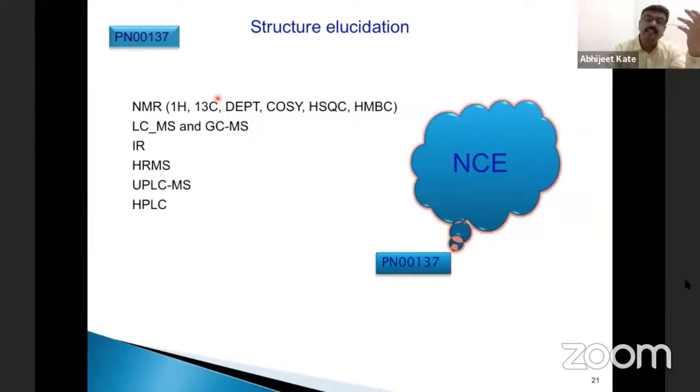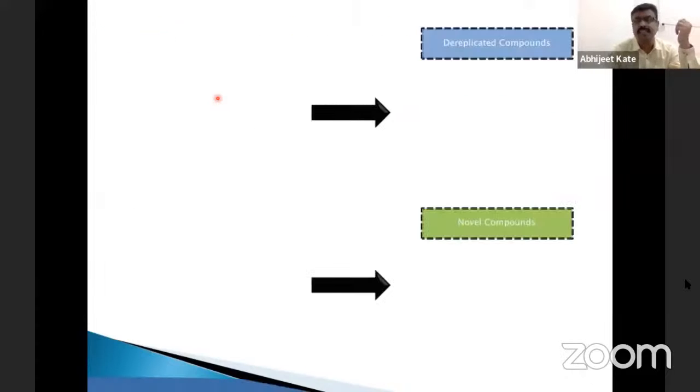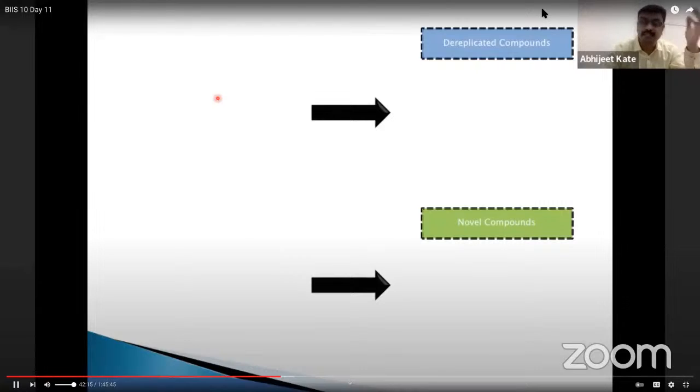So there are several projects that we conducted in this area and found several NCEs. We have also conducted a DBT-sponsored mega project, where we screened thousands of microbial extracts from different parts of India, and we arrived at several selected microbial extracts that are deposited at NCCS.